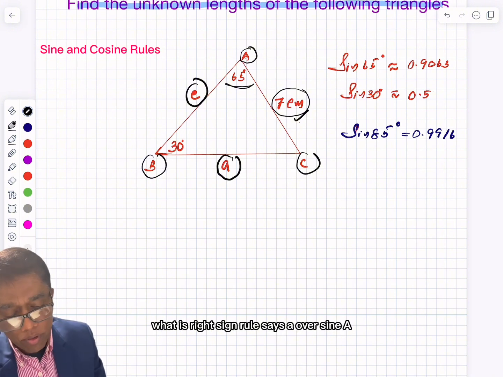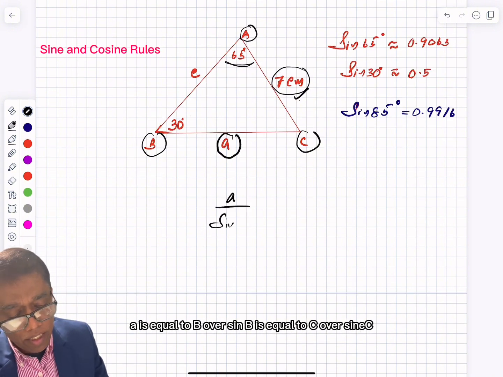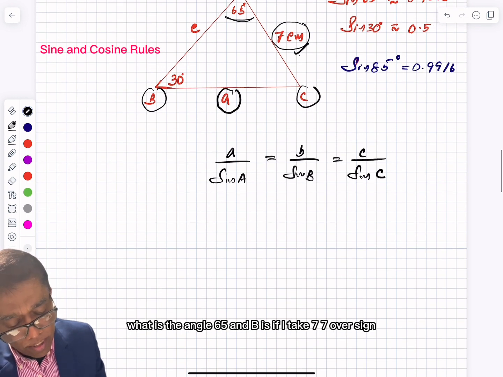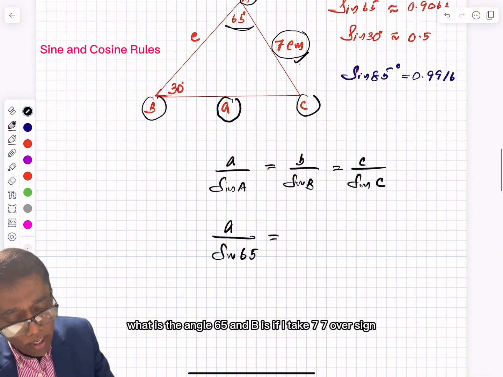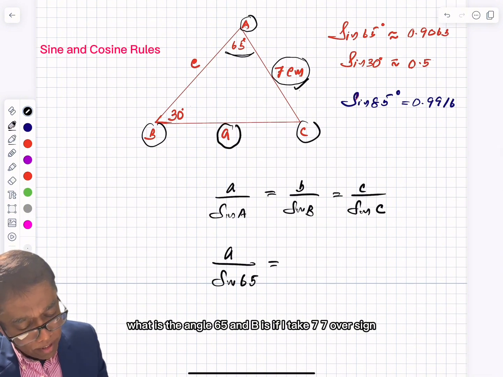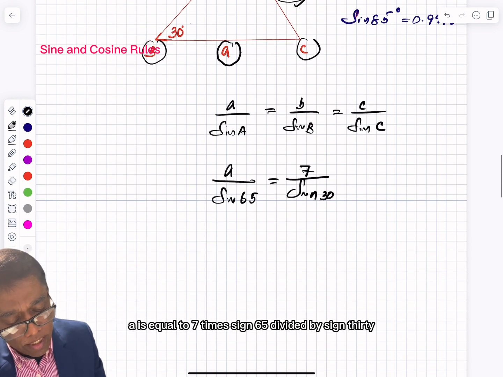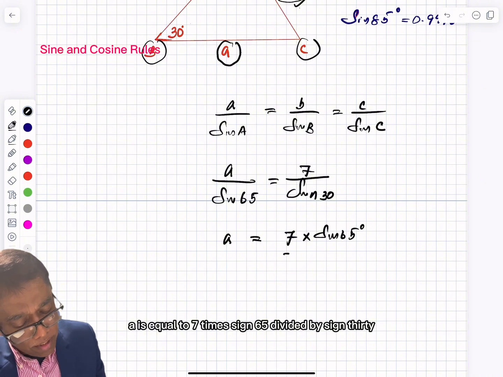The sine rule says a over sine A is equal to b over sine B is equal to c over sine C. Now a over sine 65 is equal to 7 over sine 30. So a is equal to 7 times sine 65 divided by sine 30.